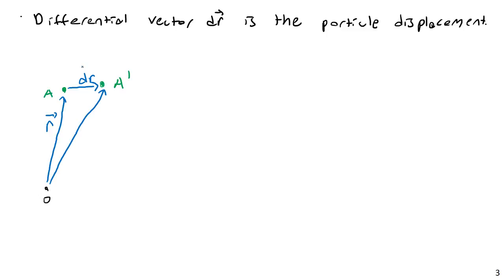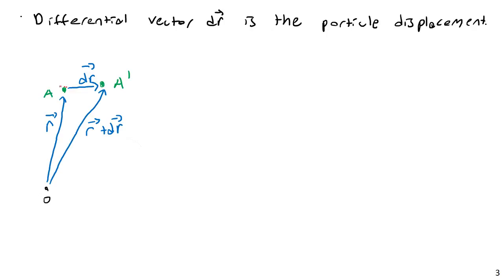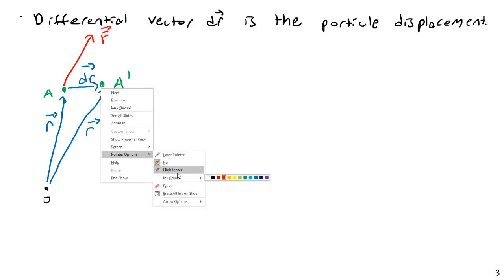And the final vector here will be r plus dr. And then I'm going to have a certain force present during this change, or causing the displacement. So let's just say I have a force vector F here, and let's say that the angle between dr and F would be simply alpha.